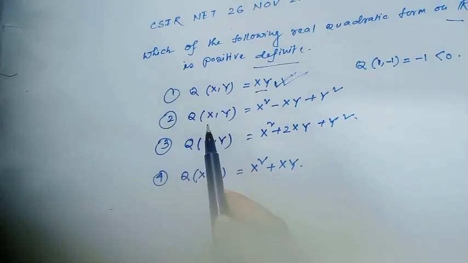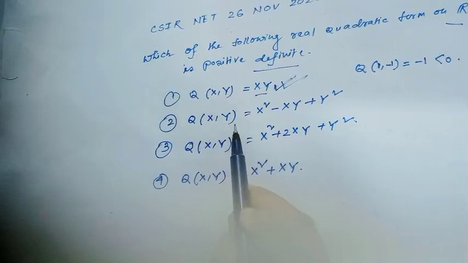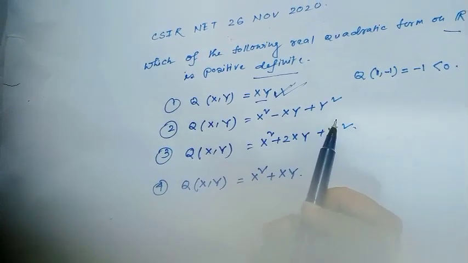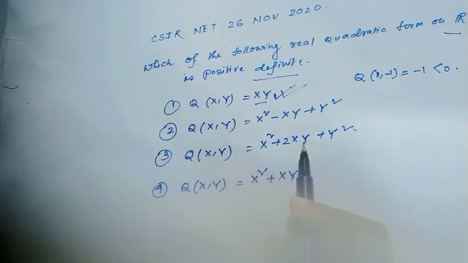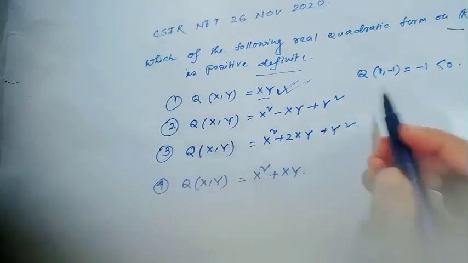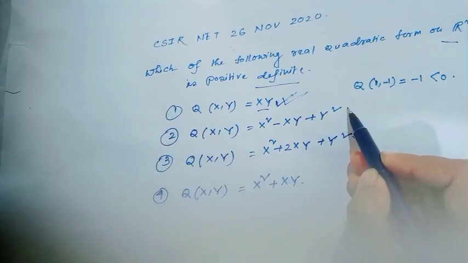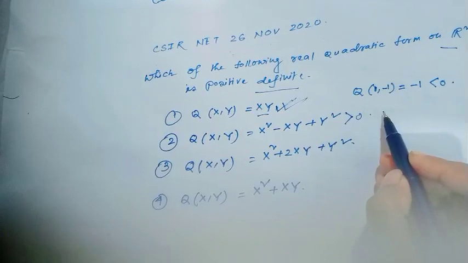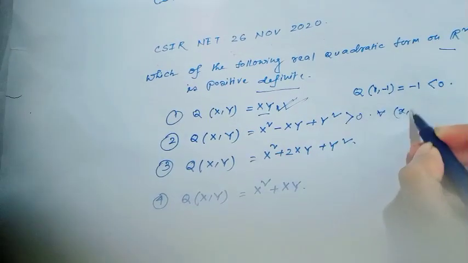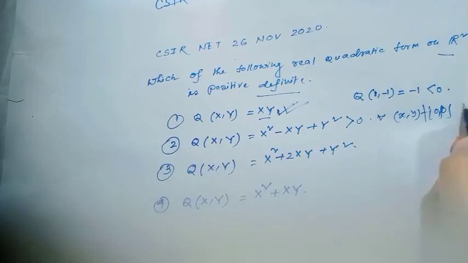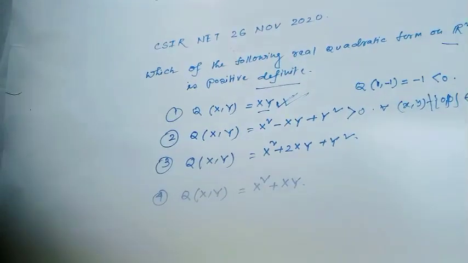And second option, q of x comma y equals x square minus x y plus y square, and this is always strictly greater than 0 for all non-zero vectors x and y belonging to R2. Check it yourself.